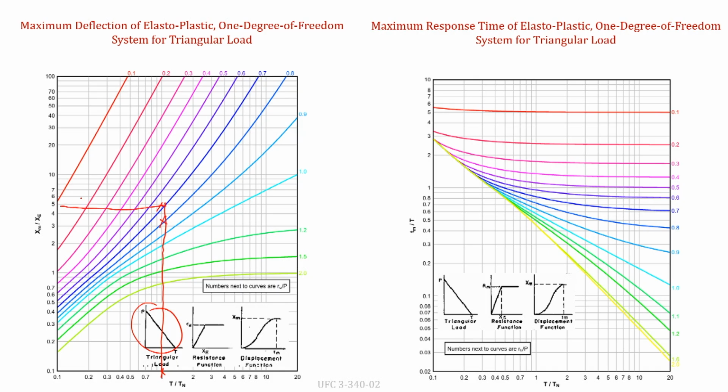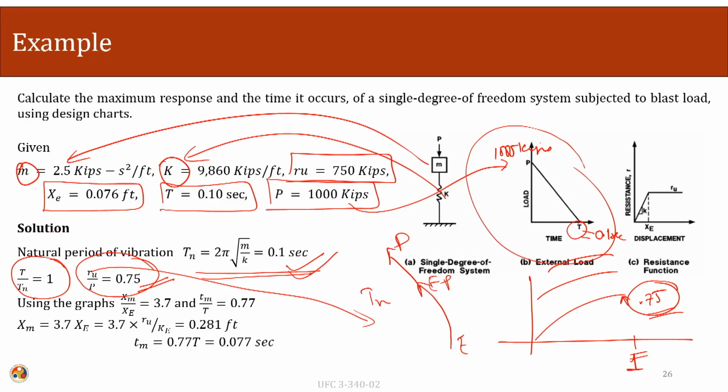A number between 3 and 5 is there, so it is an approximate number between 3 and 5. Using a more discretized curve, we can read out this quantity. Using a more discretized curve, this quantity comes out to be 3.7.